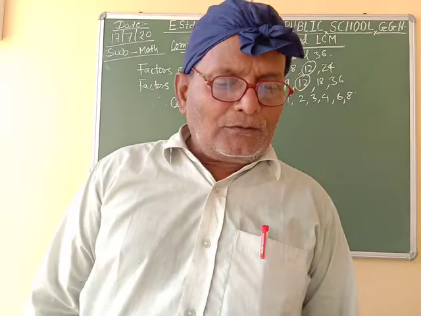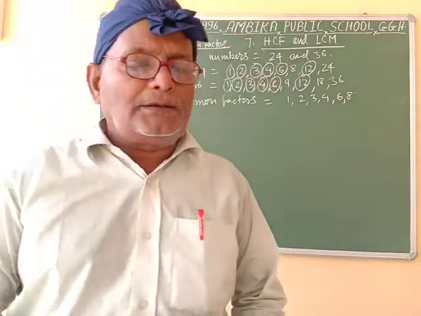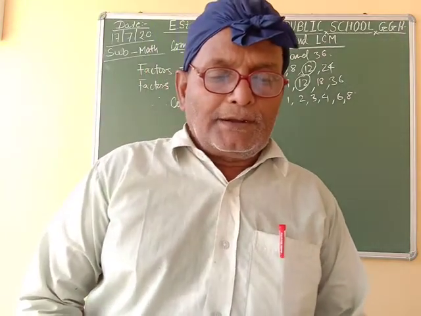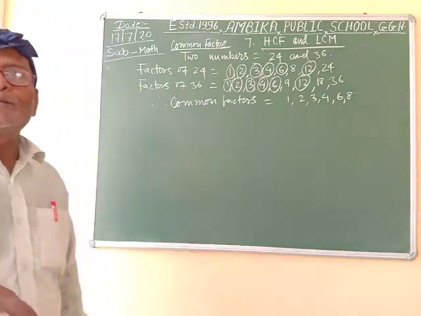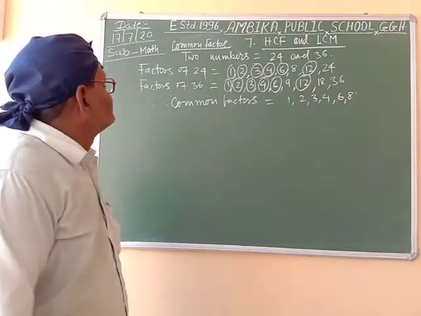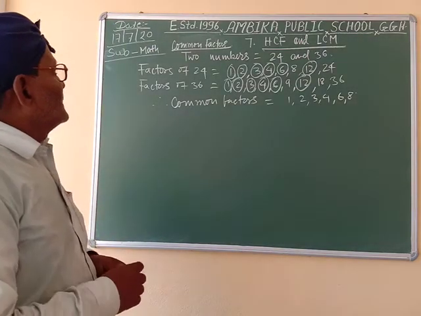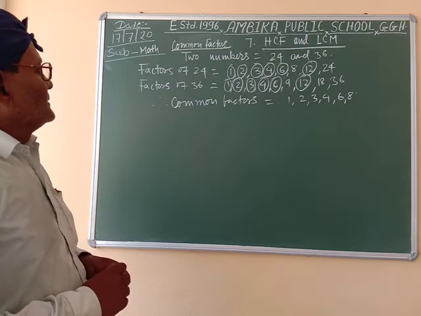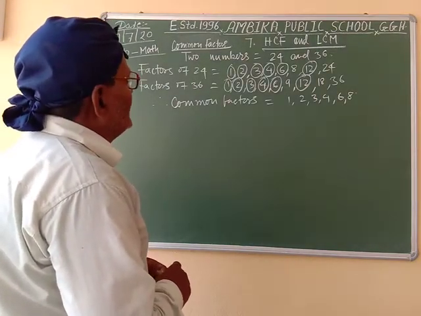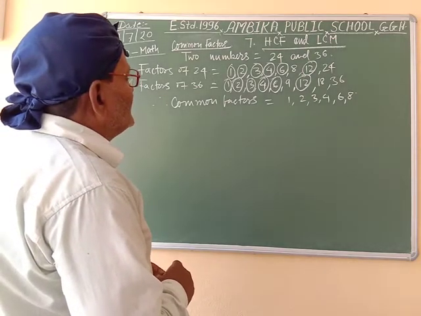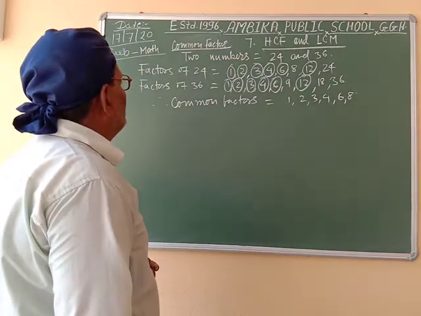And now I am going to tell you about common multiples. Again, I am going to explain what are common factors. To explain it, we take two numbers as 24 and 36 and find the factors of 24 and 36.